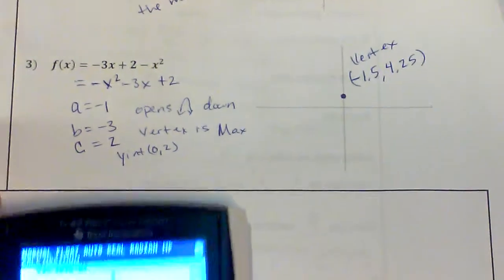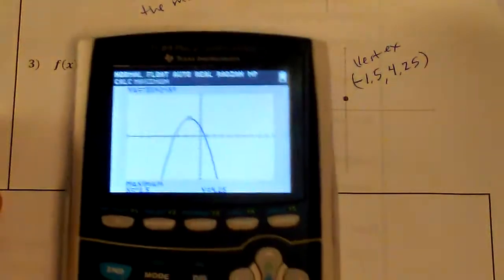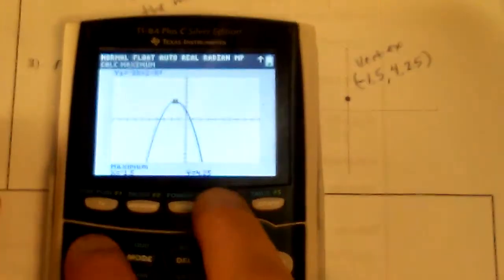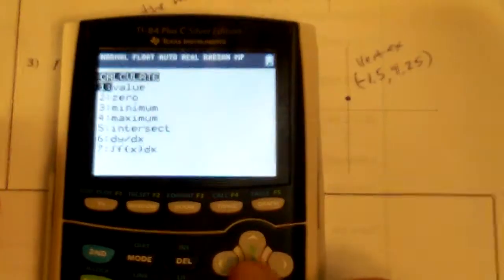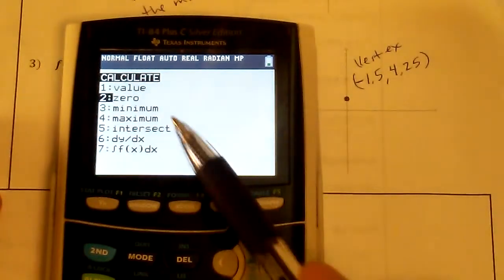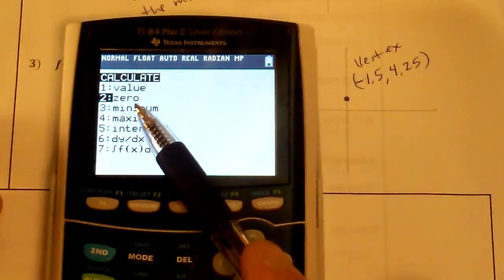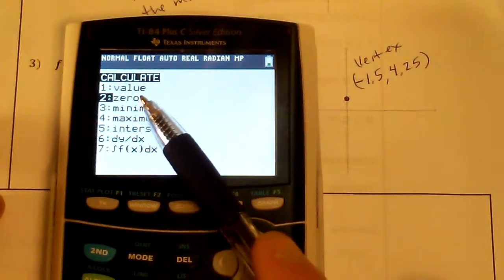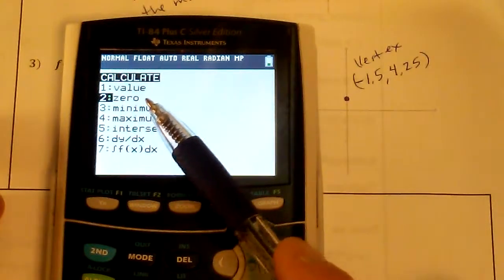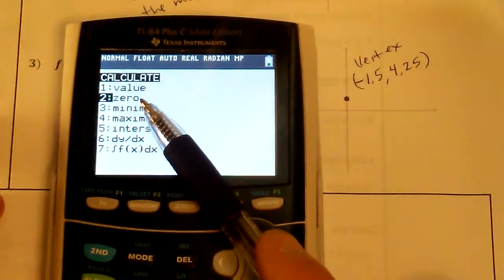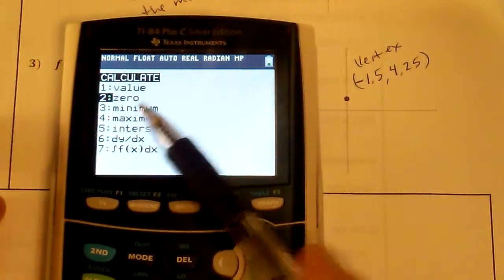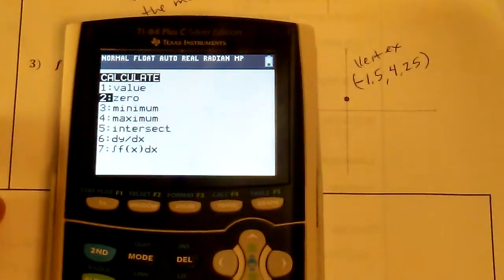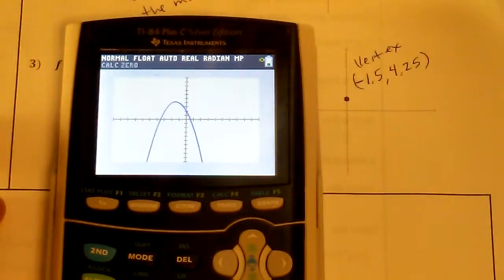If I want to find out what my x-intercepts are, just to show you, in that same calculate menu, I can go to 0. So the reason this is called a 0 is because when the height or the y value is 0, right? So x-intercepts are always some x value and then 0 for the y. So the x-intercepts are the same as zeros. Those are synonymous.